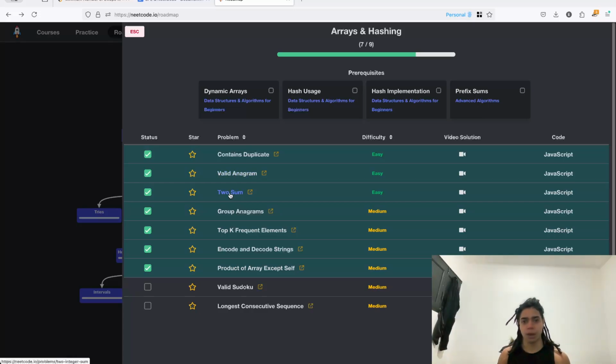The other is the two sum, which is highly used in a lot of code interviews, because the idea here is to identify the indexes, given a collection of elements where you have only one unique solution, of those numbers that, when you add them up, match the target value.